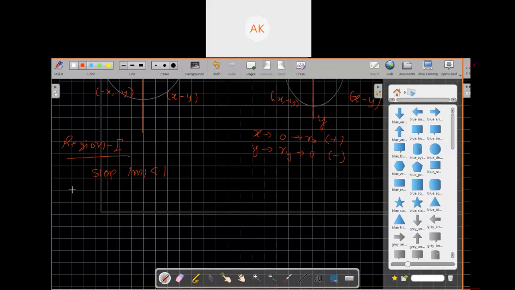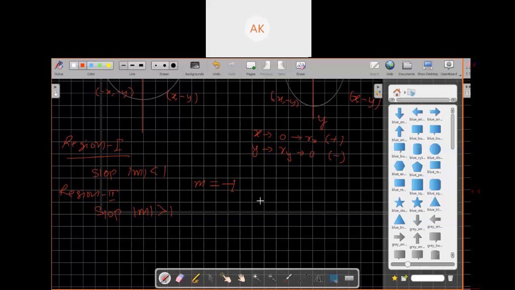And in region 2, your slope of tangent of the ellipse is m greater than 1, and in between, where it's dividing your region into two parts, region 1 and region 2, m is exactly equal to -1.